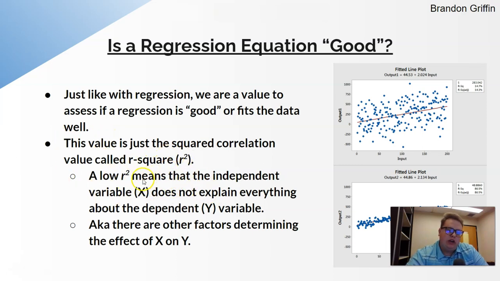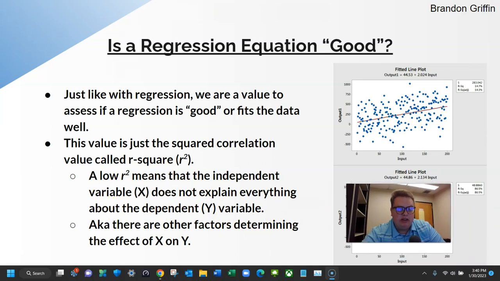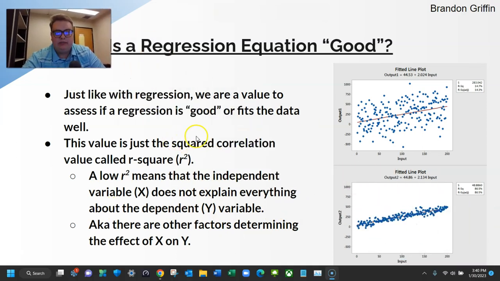So a low R squared means that the independent variable x does not explain everything about the dependent variable y, which means that there are other factors determining the effect of x on y. So if we look at this top right graph here, we can see that all of these dots are not very close to this red line, to our regression equation. So if we look at our R squared, we can see that it says 14.7%.